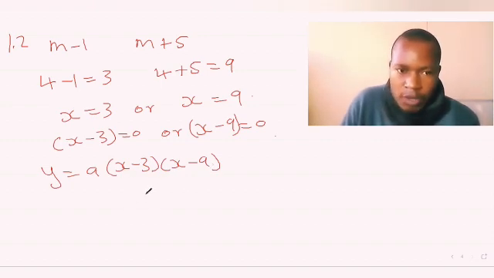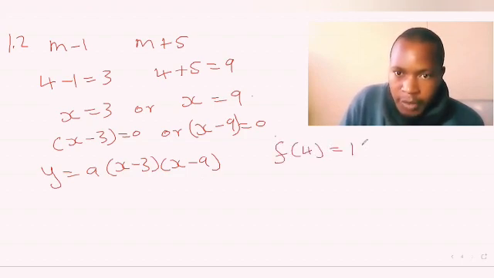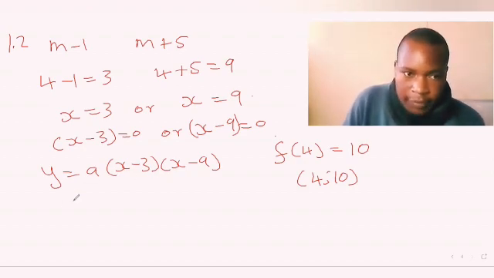Once we've done so, we can make use of the point that we were given. We can substitute in the y to be 10 and the x to be 4.